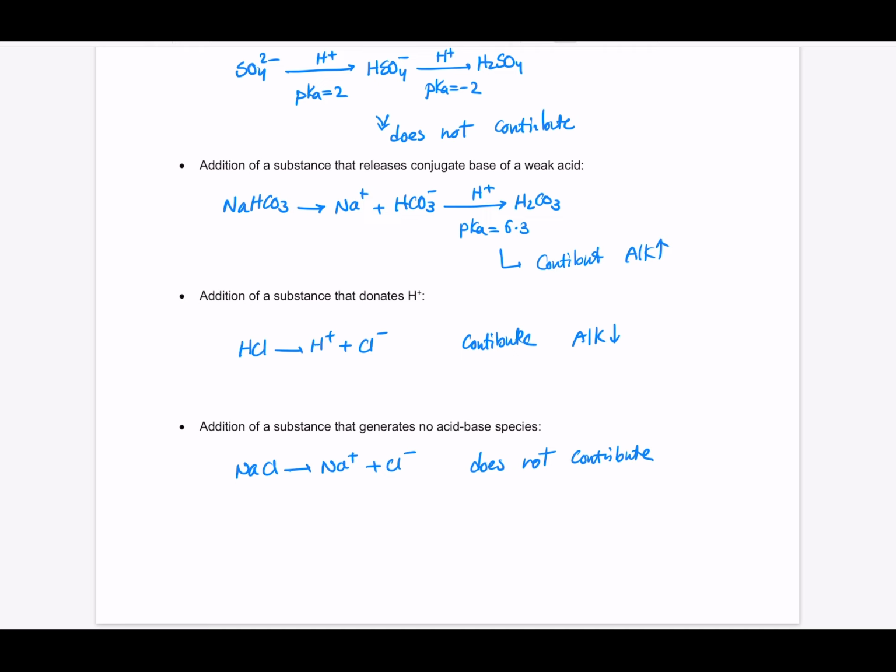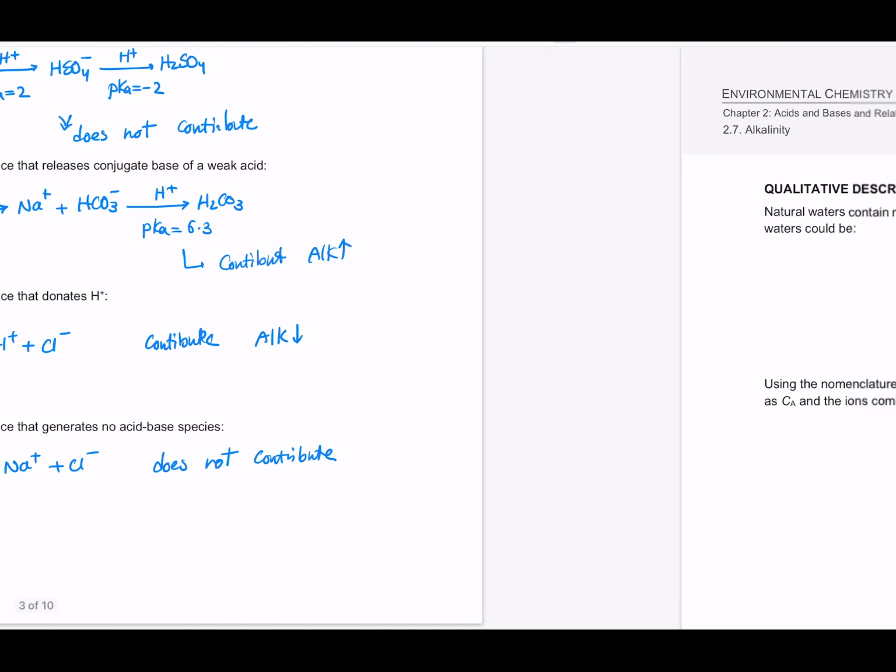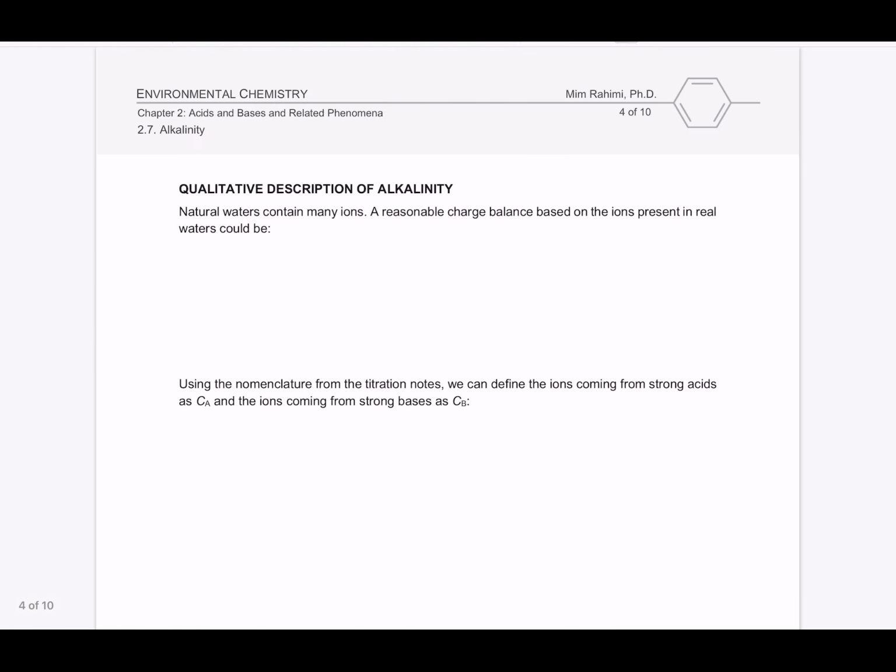And now what we're looking for in the next part is making sort of a quantitative description of alkalinity as we did for buffer capacity. So if you remember, buffer capacity was a function of pH and the total acidity or the total concentration of weak acid. And we had this sort of alpha 1, alpha 2, the total, plus some terms related to water.